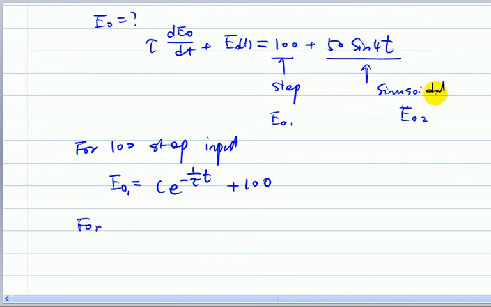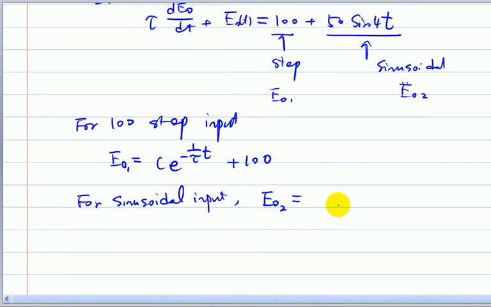And for the sinusoidal input, our E naught 2 corresponding output is similar.